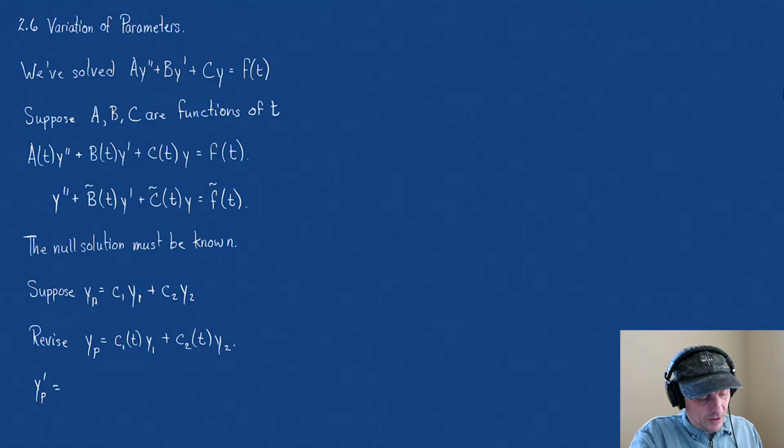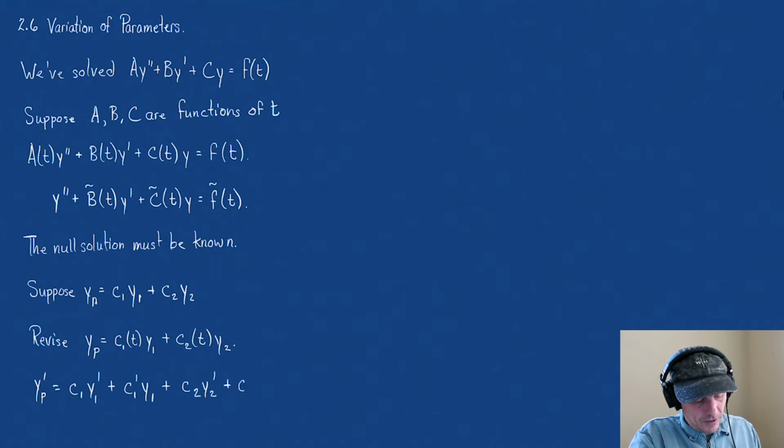Well, that's going to be the first, so I'm not going to write the of t, so we'll just call it c1 times the derivative of the second, so that's y1 prime, plus the derivative of the first, c1 prime times the second, y1, plus, and now we do this on the second term, so that's going to be c2 y2 prime plus c2 prime y2.